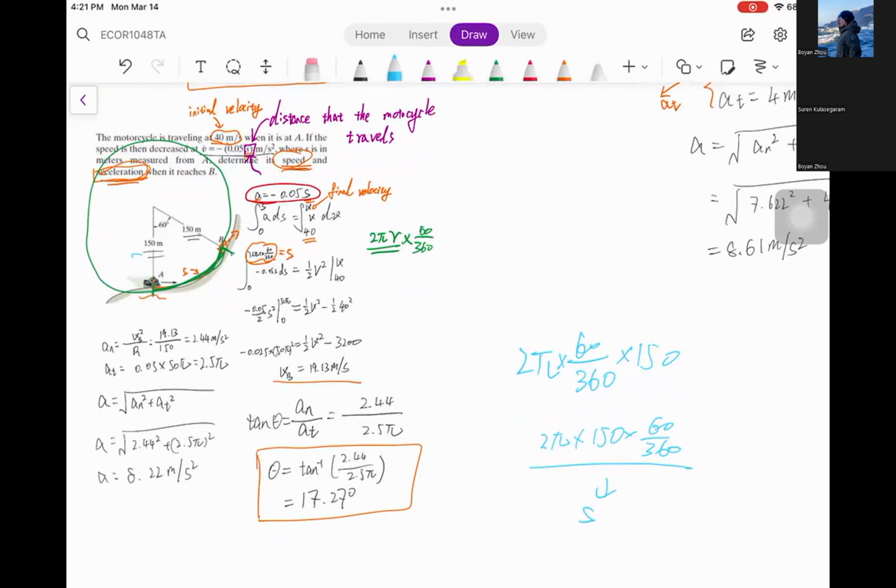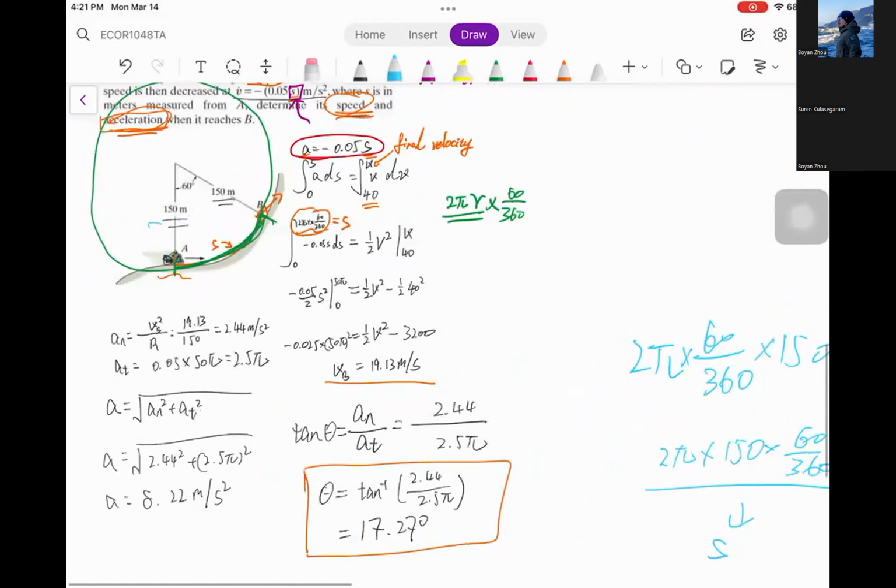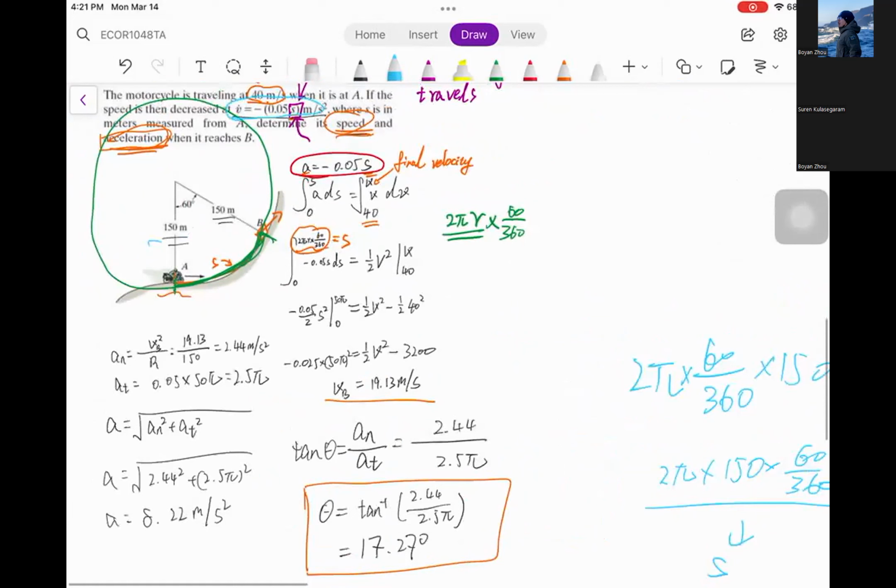Oh, because as I mentioned above, we're using this equation in the light blue to find out the tangential velocity only. And then there's another part of the acceleration that is normal to the surface.